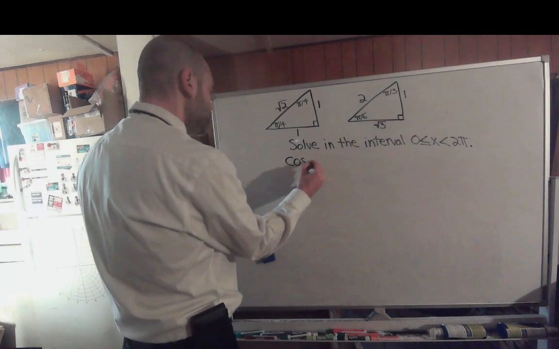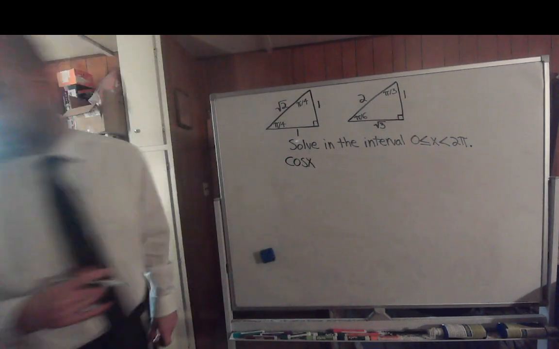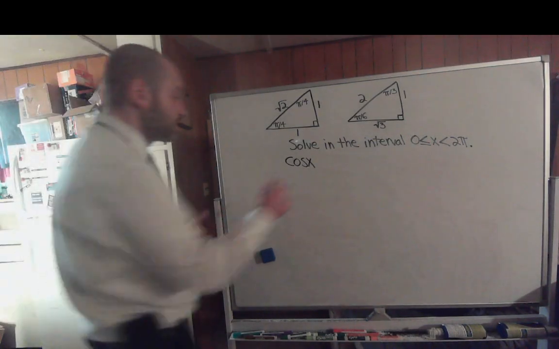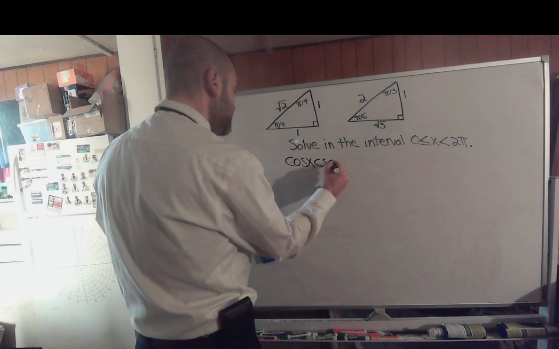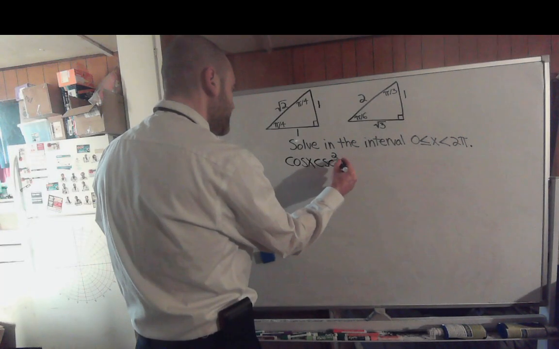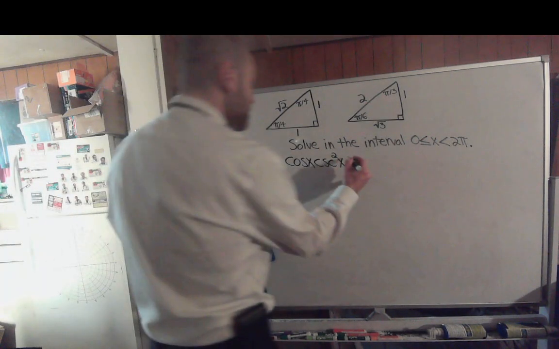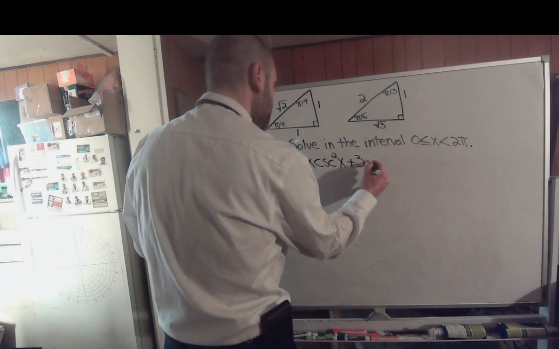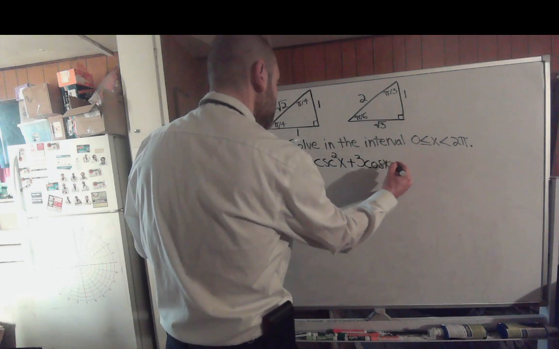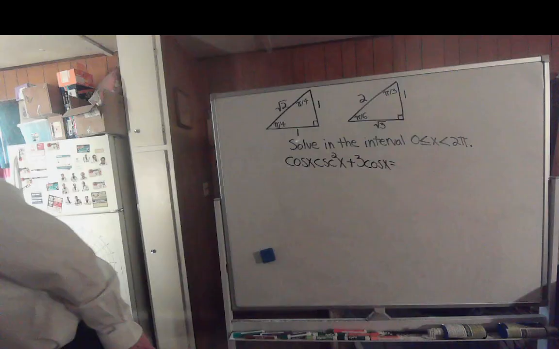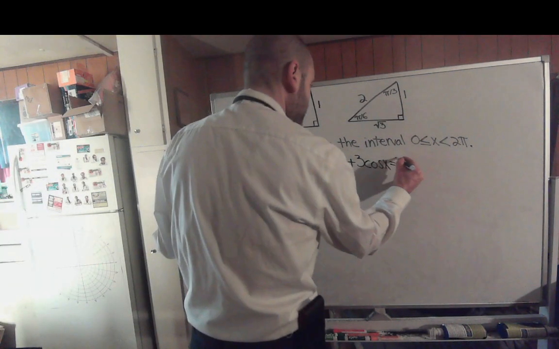We have the cosine of x times the cosecant squared of x plus 3 cosine of x is equal to 7 cosine of x.